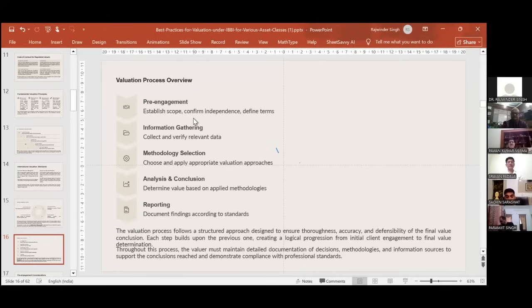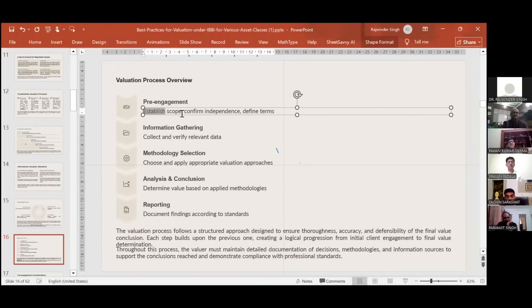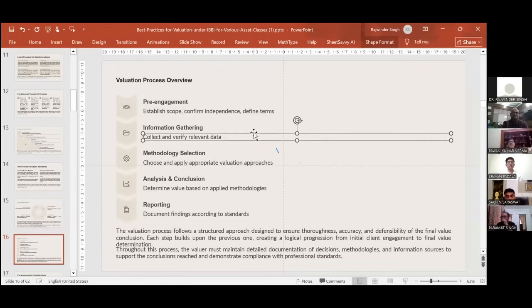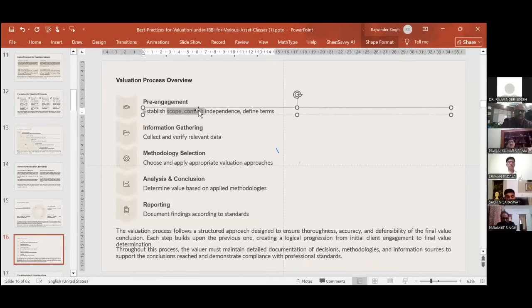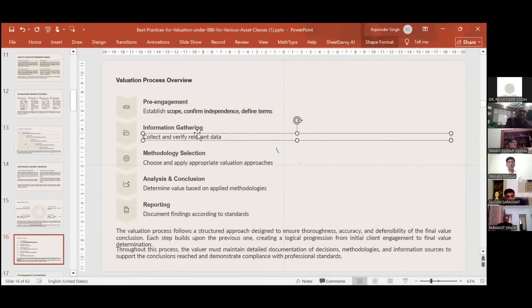While you have to do the valuation, you must establish scope of the valuation, you must confirm independence, and you must define the terms of the valuation. So once these three things, means scope, independence, and terms of the valuation, are established, then your duty is to collect and verify the relevant data.